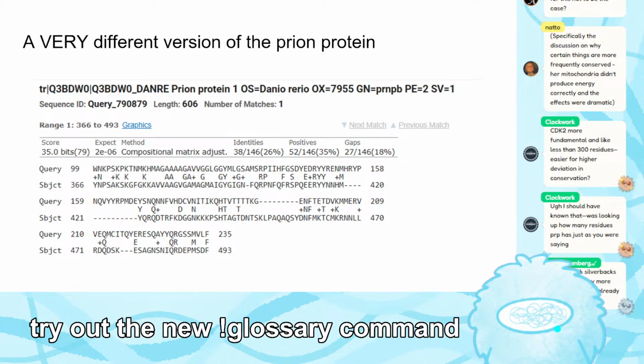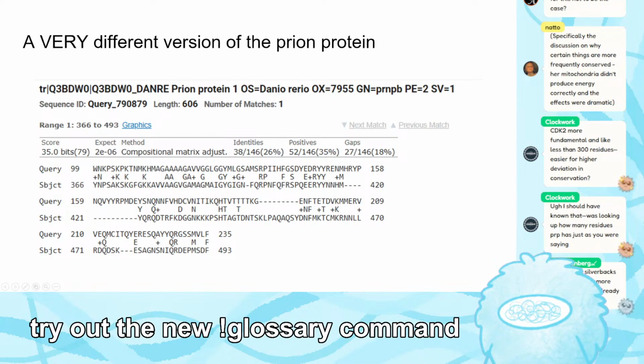So even though there's very little in common, there's still enough matches to confidently say that this is an ancestor of our current prion protein, and we know that this had a neuronal function, which I think is also very interesting. So at some point, some version of this protein was pretty useful, in fact, very useful for the zebrafish.